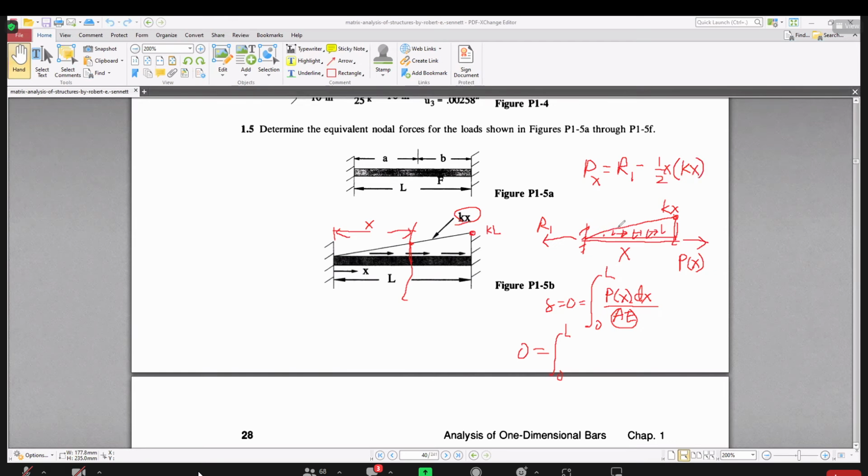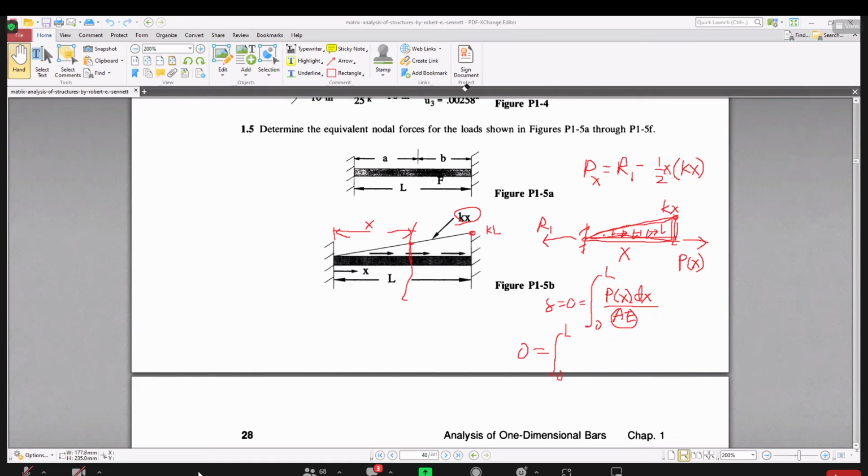That should be the area. So now this is 1/2 kx squared. So it is 1/2 kx squared dx. Sorry, R1 still.